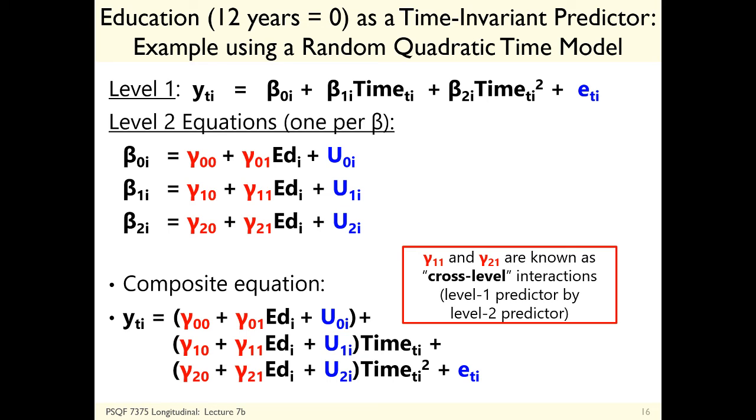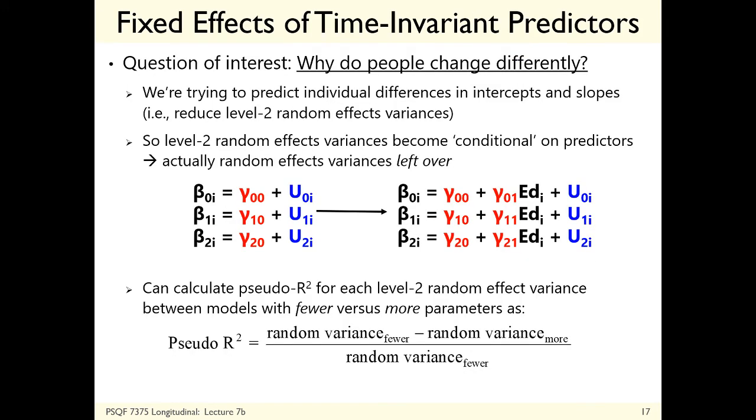And what each effect has to do depends on how many random effects are in the model. So let me show you this idea here. So pseudo R squared for each of these terms. The general rule is that if you start with an unconditional model like what's right here, this is as much random effect variance as there is in each term. This is all the unexplained variation between persons in intercept, linear time slope, and quadratic time slope.